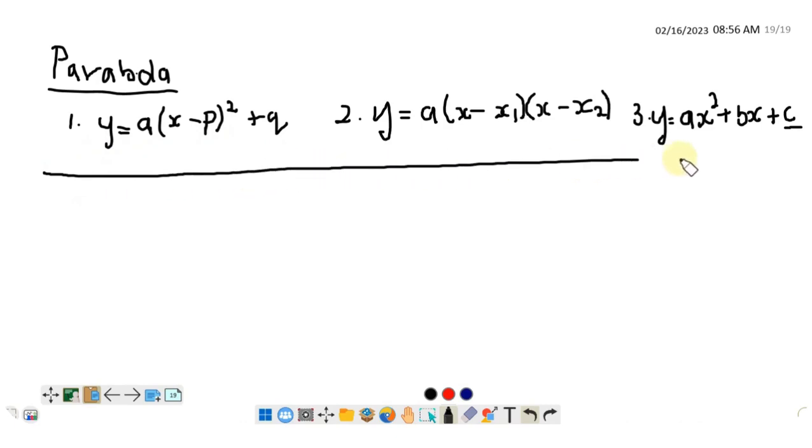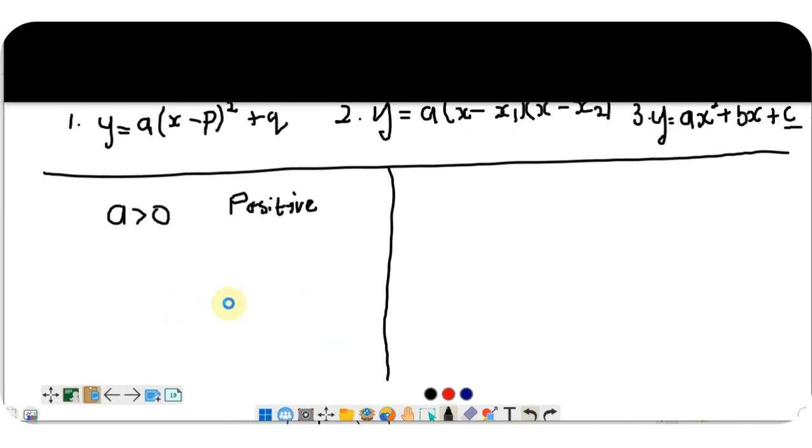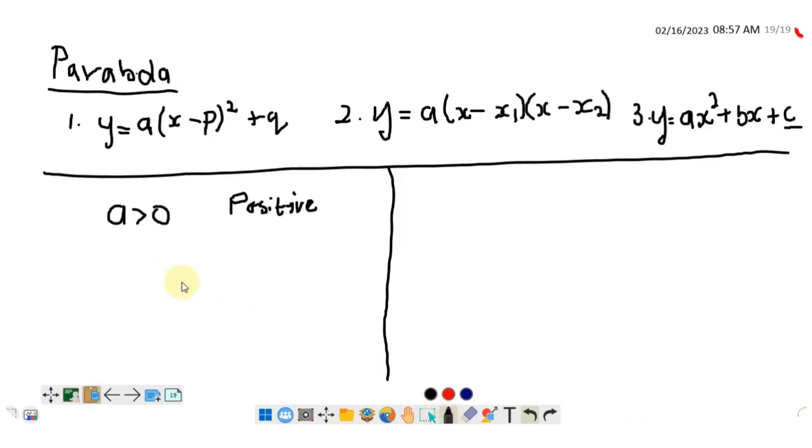A quick summary of what we spoke about: if you have an equation and the value of a is greater than 0, so a is positive, then the graph will smile. The graph is smiling, it turns up. Concave means it curves, so this curves up.